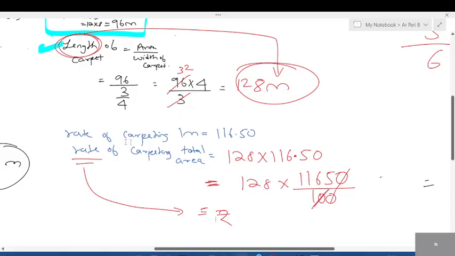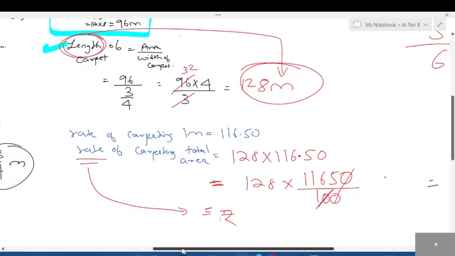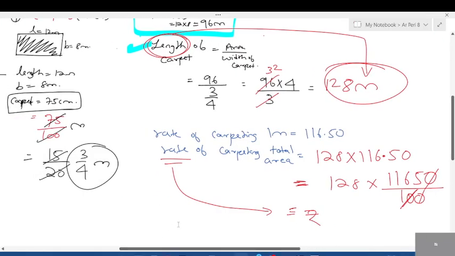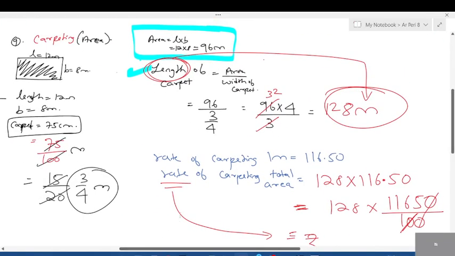I will make a note of this. Do it later, students. Calculate it later. It's a simple calculation, but I want you all to try. That's the reason I'm not doing it.